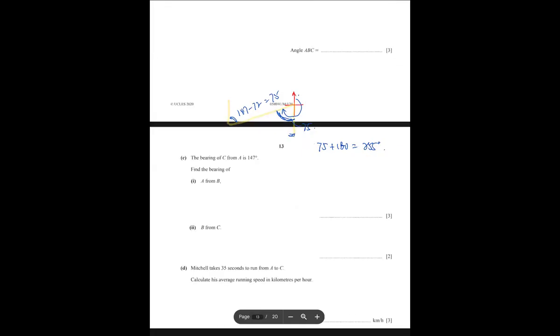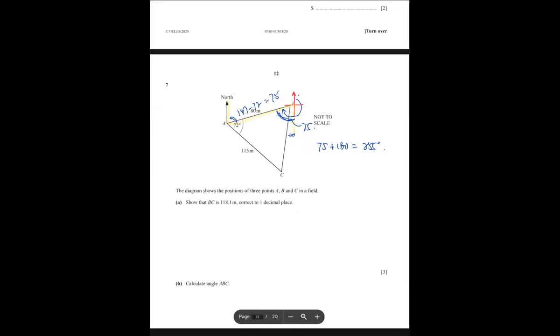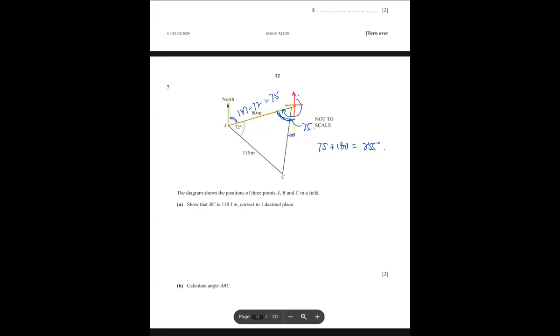Okay, and then for B from C. B from C, I draw my compass at C. And I need to find this small angle here. Same thing using alternate angles.